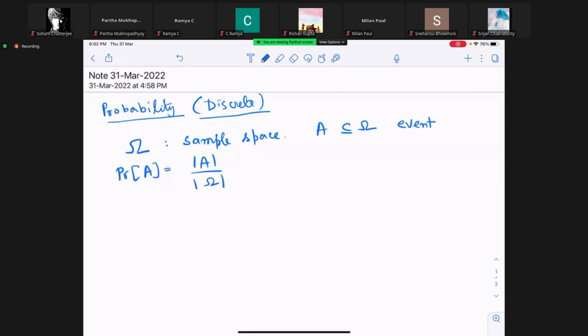Everything is finite in our situation, so there will be no integration, nothing like that. It's all discrete probability. In general, if you have two events, I'm giving you a quick recap, so that you don't get bored from the overlap with the math course.